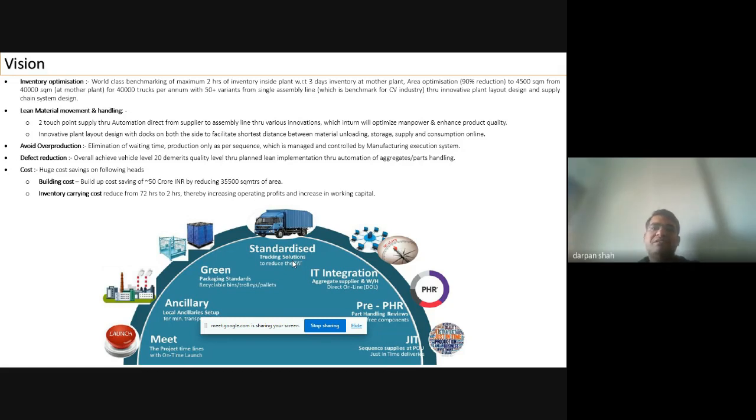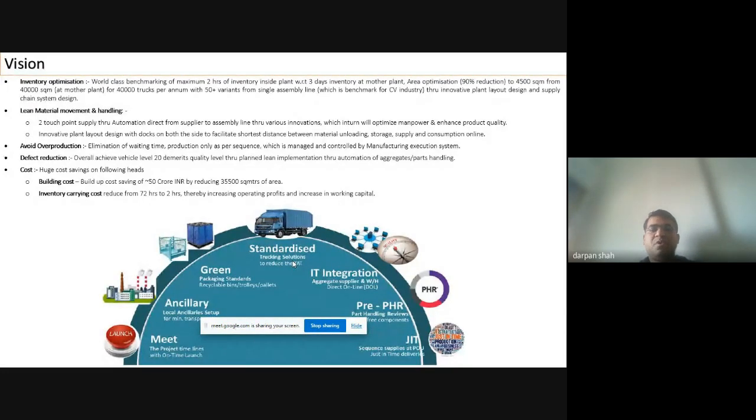Basically, inventory is linked with area, because as we go towards more inventory, you require 2 buildings, 10 buildings to store that type of inventory. So this is where the area comes into the picture. It was targeted that with 2 hours of inventory we will reduce the area requirement by 90%. So this is what we have done here at V Commercial Vehicles.